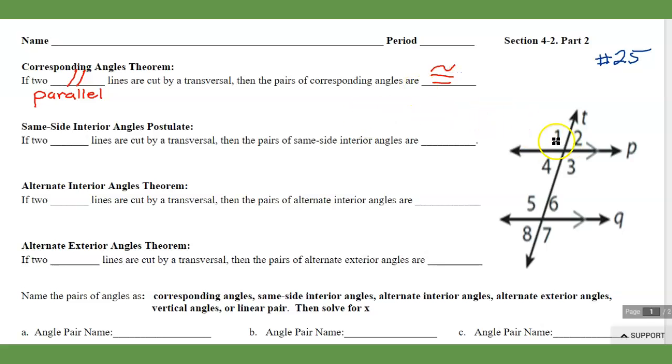All right. So corresponding angles means they're at the same relative position for each of the parallel lines. So we have two parallel lines, and there's kind of an upper left, an upper right, a lower left, a lower right for each one of these. So the ones that are corresponding, meaning they're in the same relative position, are congruent. So like 1 and 5.